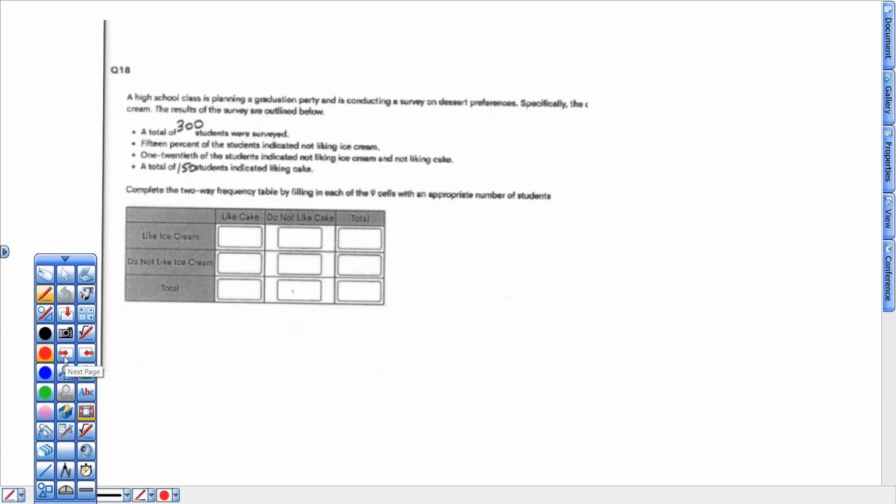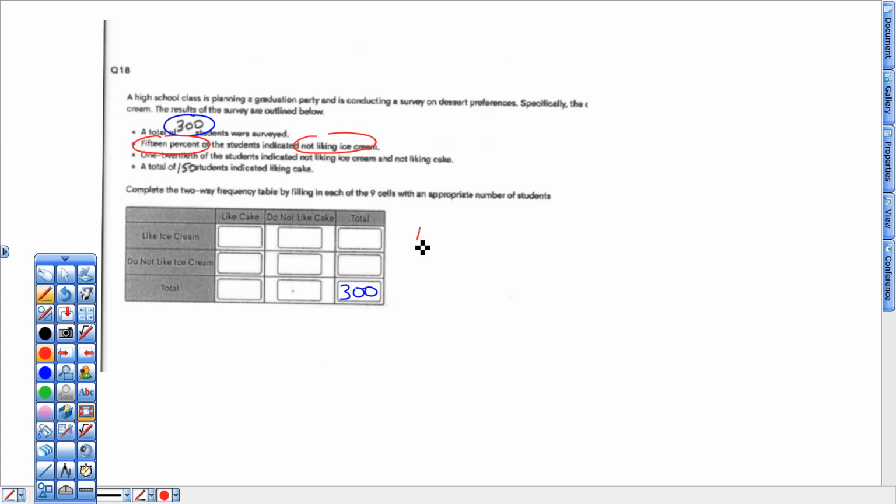One more two-way frequency table. So it gives me the total that always goes at the bottom right. And then it tells me what to do with that total. 15% of the total students did not like ice cream. So the do not like ice cream total is going to go right here. And I get that by taking 15%.